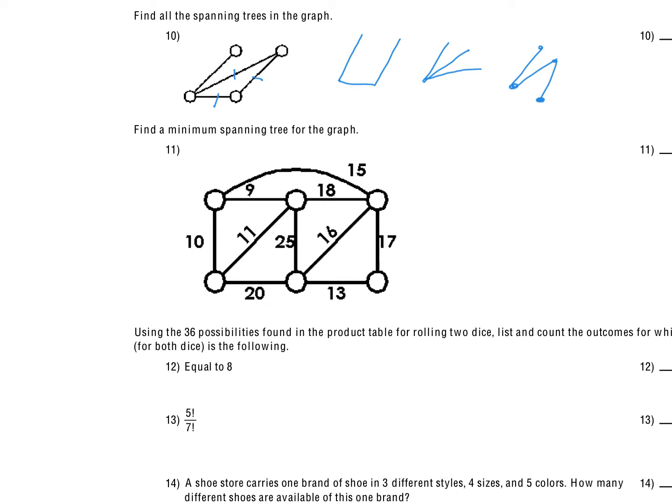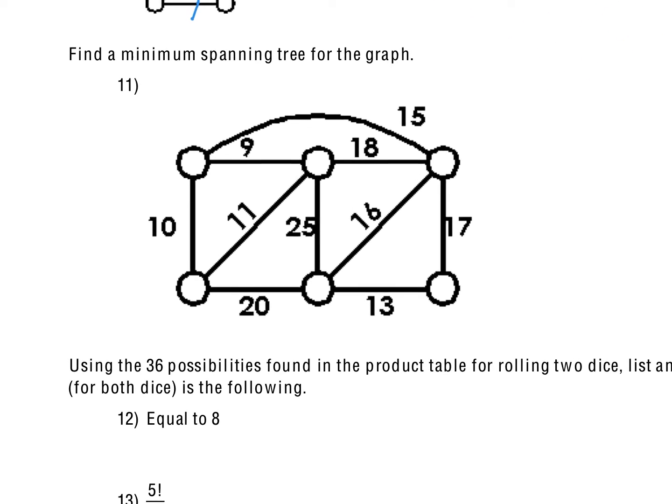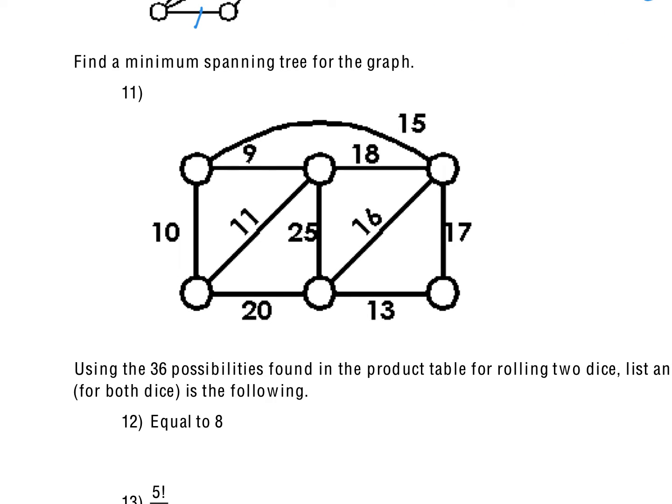Number 11, find the minimum spanning tree for the graph. Okay, so to do this problem, we want to first find the smallest edge on it, which for this case, scanning the numbers, looks like it's 9. And then the next smallest edge is 10. Now we cannot do 11 because then we would get a circuit. We're looking for a spanning tree.